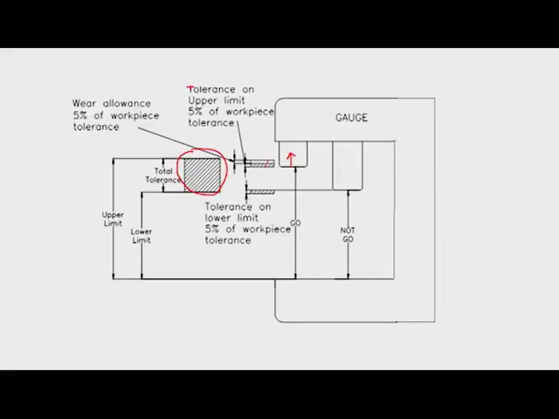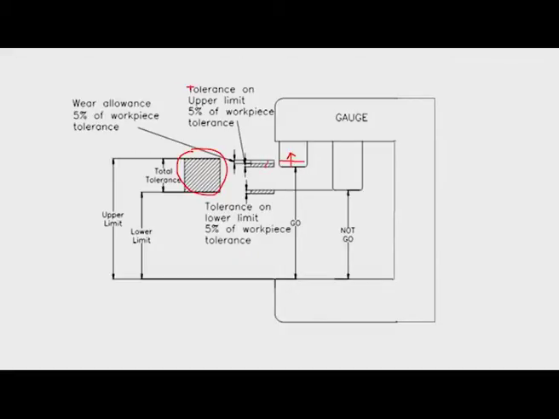Due to this, the go size will decrease, because we are consuming this much of work tolerance. Go size will reduce. So in inspection type gauges, the tolerance is given outside the work tolerance.